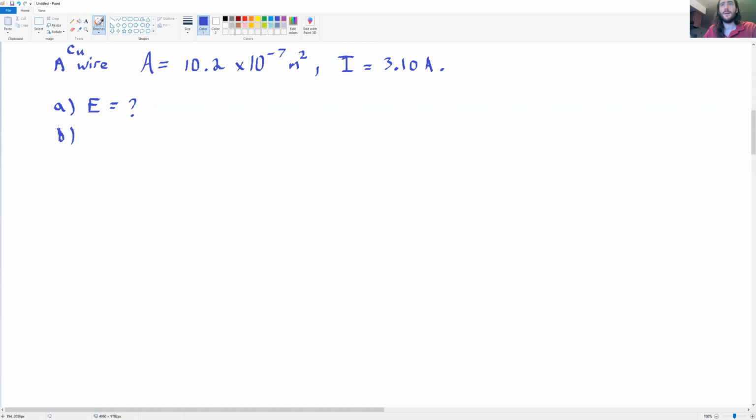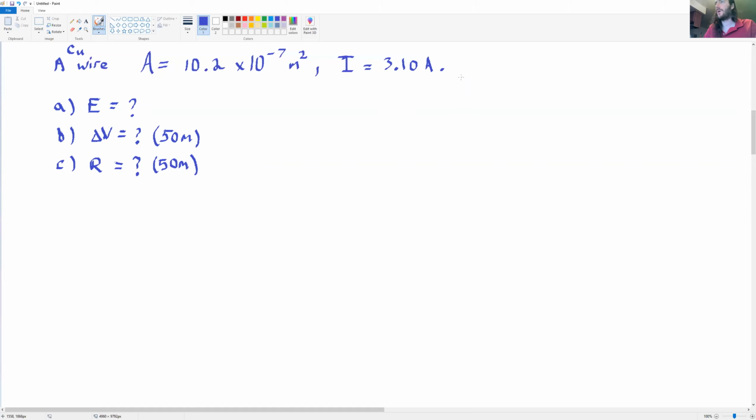What is the potential difference, specifically between points on the wire which are a length of 50 meters apart, and then the resistance of that wire, again for the 50 meters.